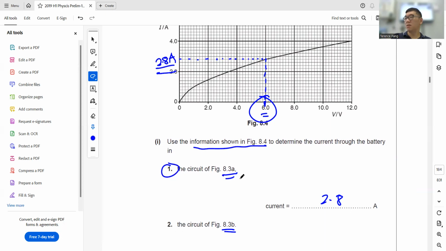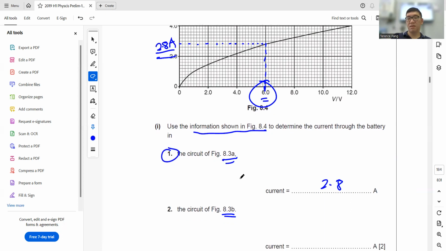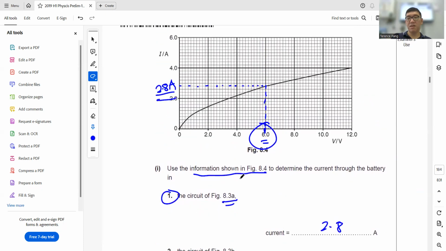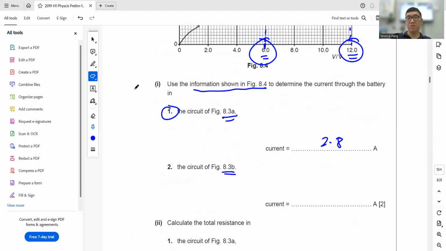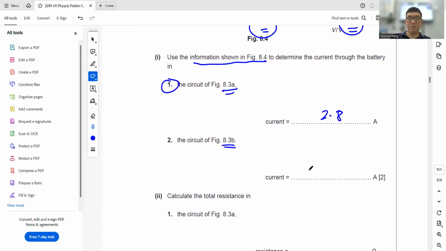Okay, let's take a look. How do you get 4? From the graph, at 12 volt, you got 4. This one is quite straightforward. There's no need for a dotted line because you are directly on the solid line. So each of them is 4, and you get 8 ampere as the answer.